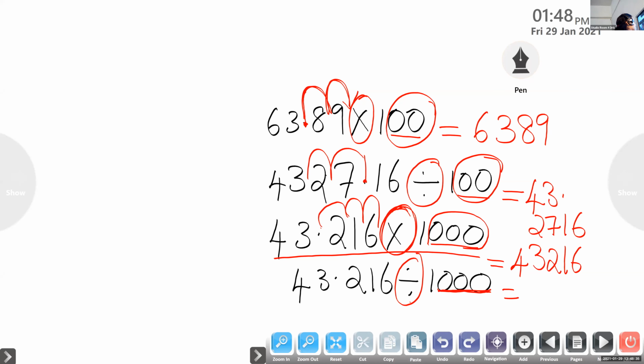How many zeros? 3. So tell me where you have to move. 1, 2, 3. If there is no other number, what do we have to do? Put a 0. So we will place the decimal point over here. 3 digits to the left side, and if there is no number, you have to place a 0. So the answer is 0.043216.